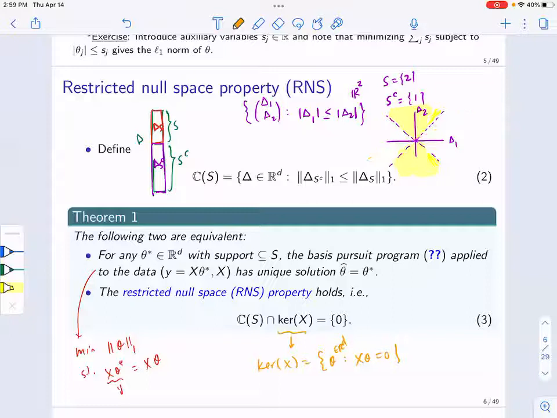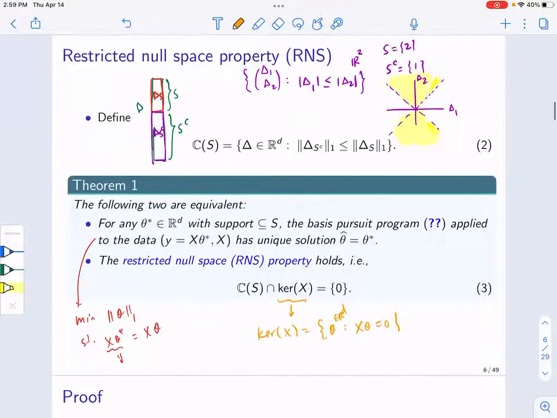If the kernel of X is this, then this is violated. Okay. So there is this region where the kernel can pass through, and that's where this condition is satisfied. Is this statement sort of clear?